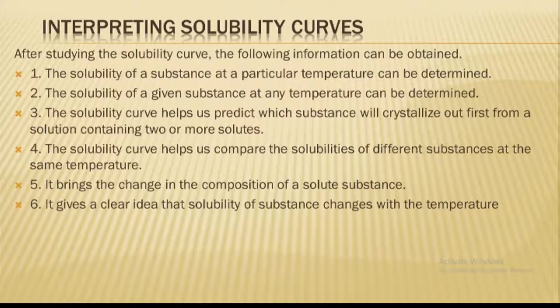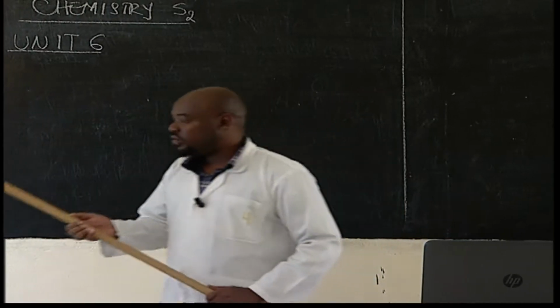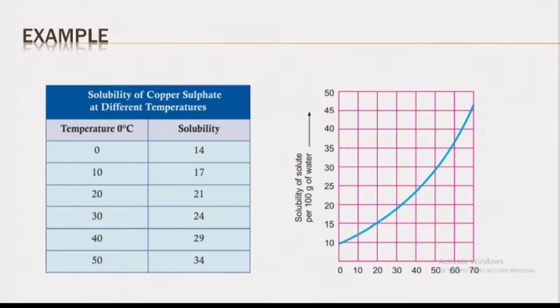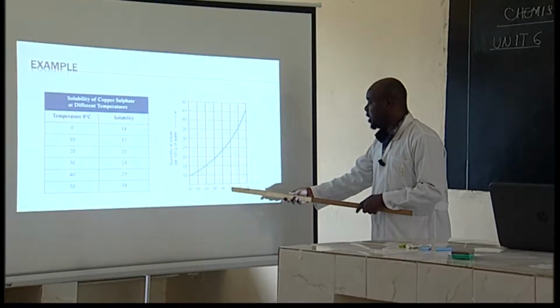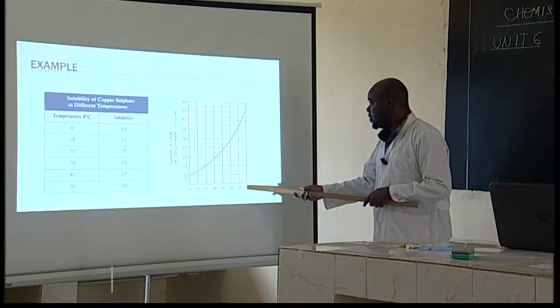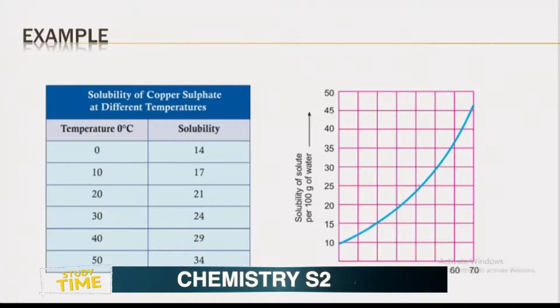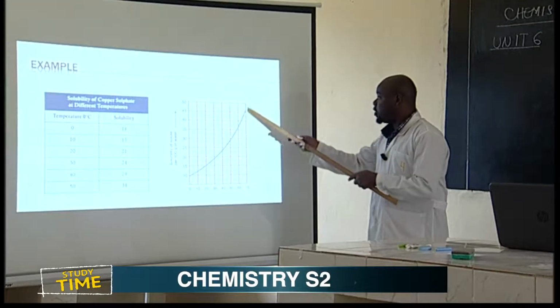After studying the solubility curve, the following information can be obtained. First one, the solubility of a substance at a particular temperature can be determined. As I've shown you on the previous slide, if, for example, you don't know the solubility at 70, you can determine it from the solubility curve.